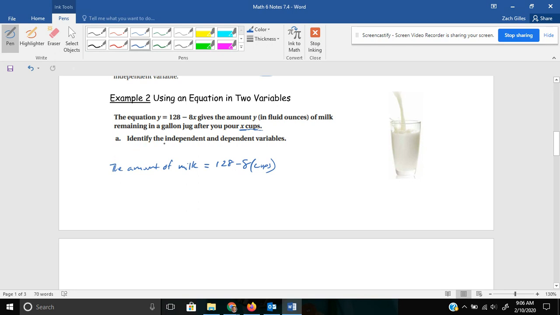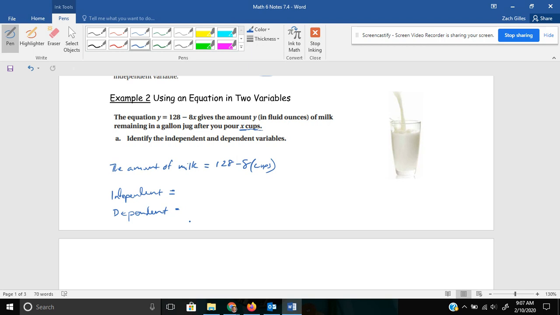It wants me to identify the independent and the dependent variables. And again, use the hint that I gave you before, but think about which one of these variables is dependent on the other one.